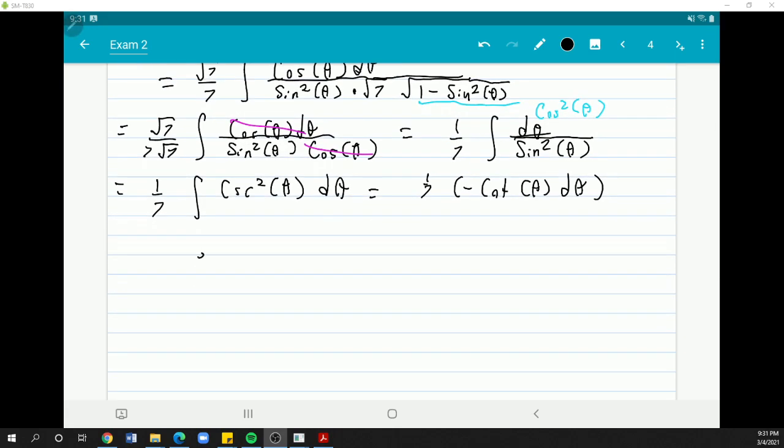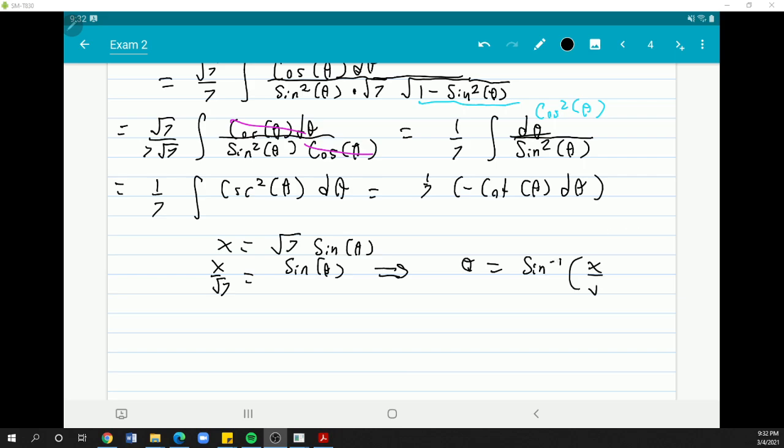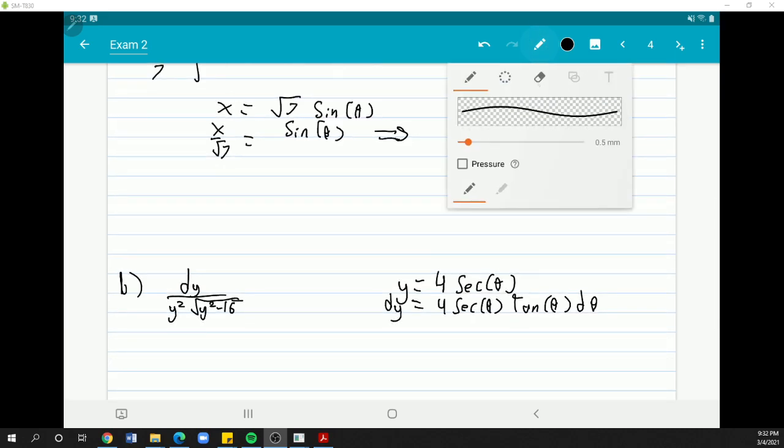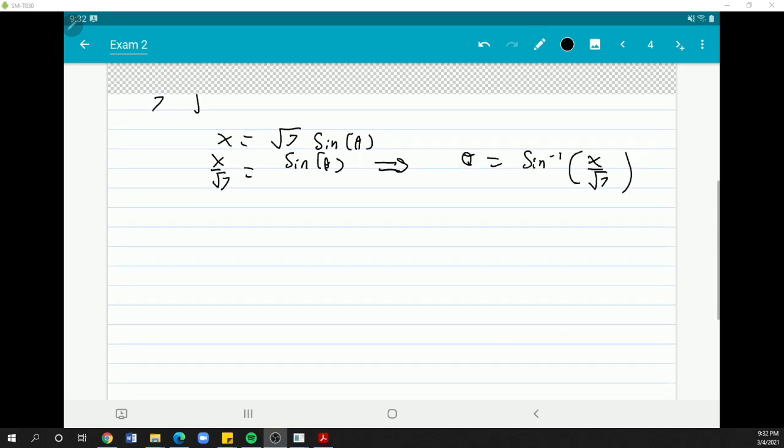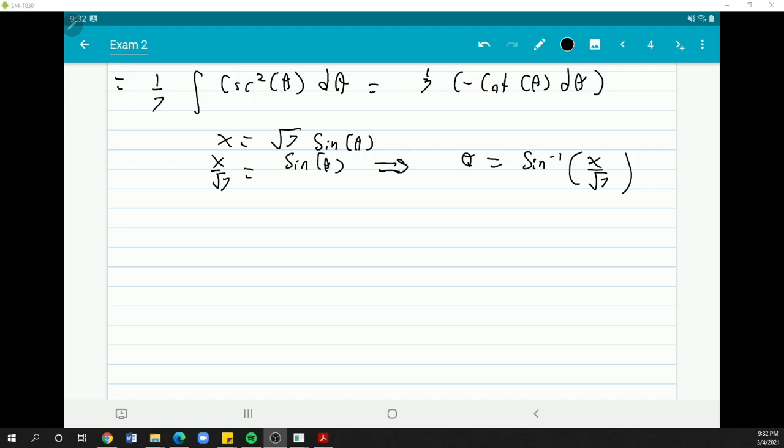But we're not done, because we said x was root 7 sine theta. So x over root 7 is sine theta, which implies theta is sine inverse of x over root 7.